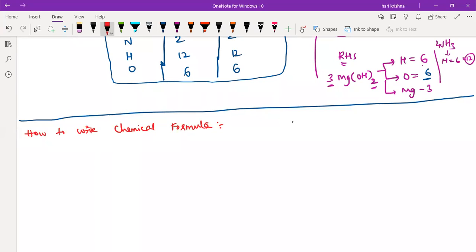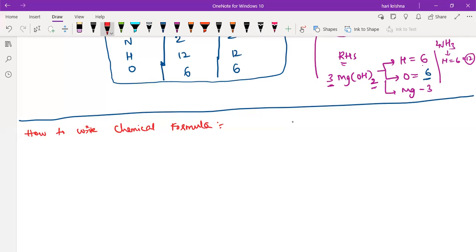Where is the formulas? Wait a minute. I'll check the tabulation columns.